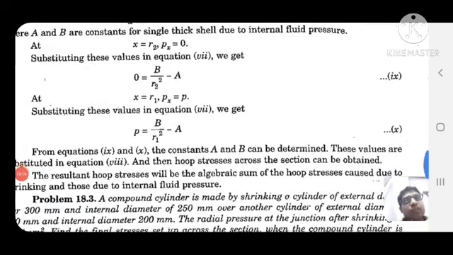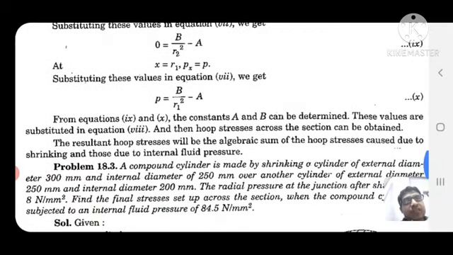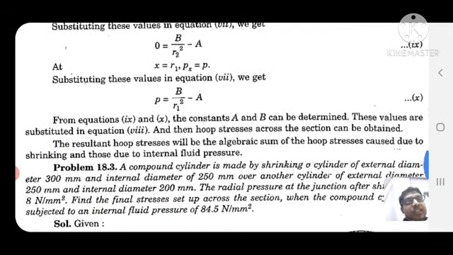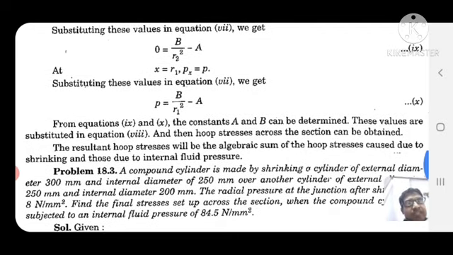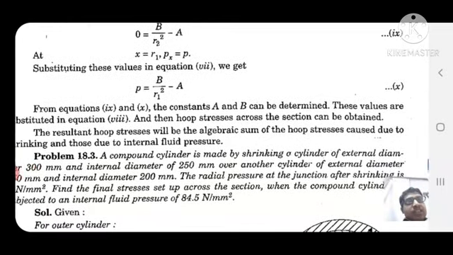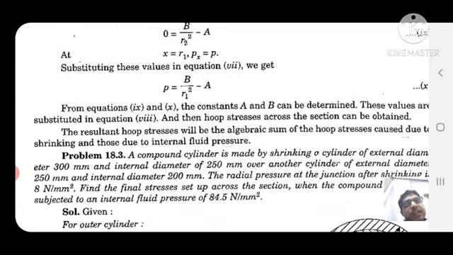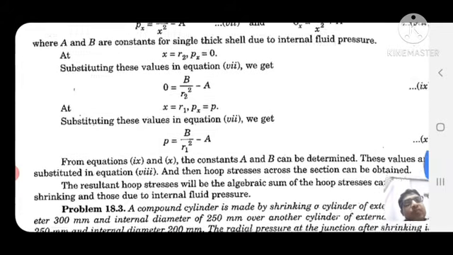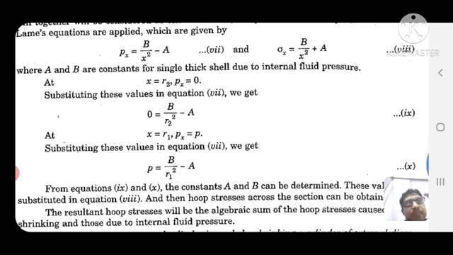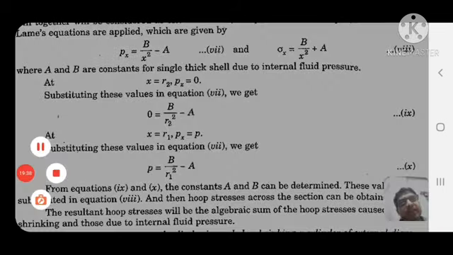These values are substituted in the equation, and hoop stress across the section can be obtained. The resultant hoop stress will be the algebraic sum of the hoop stresses caused due to shrinking and those due to internal fluid pressure. So this is the final expression.